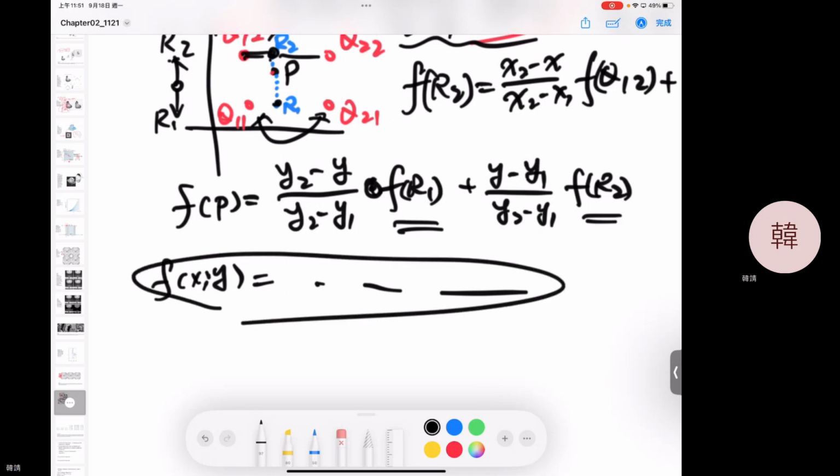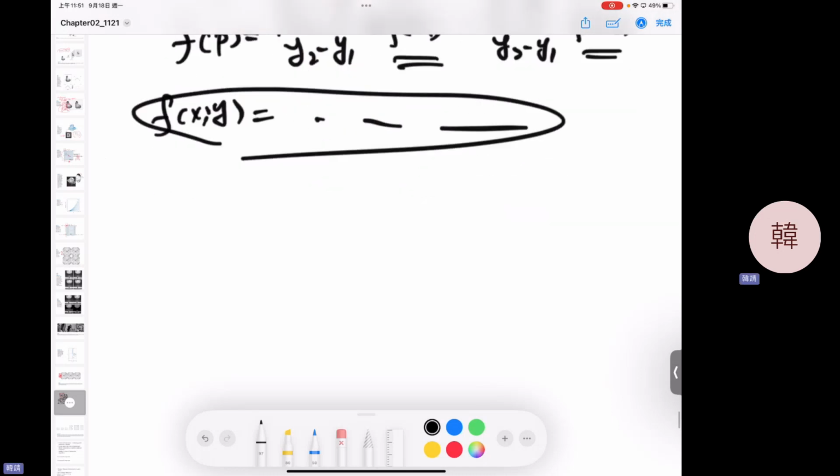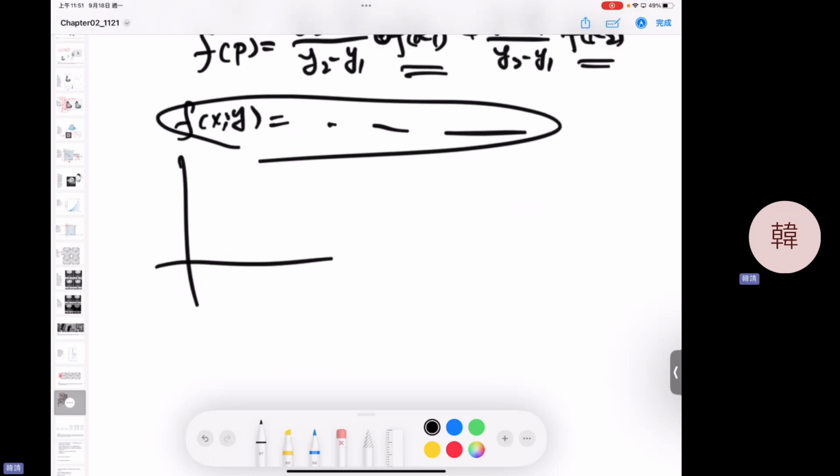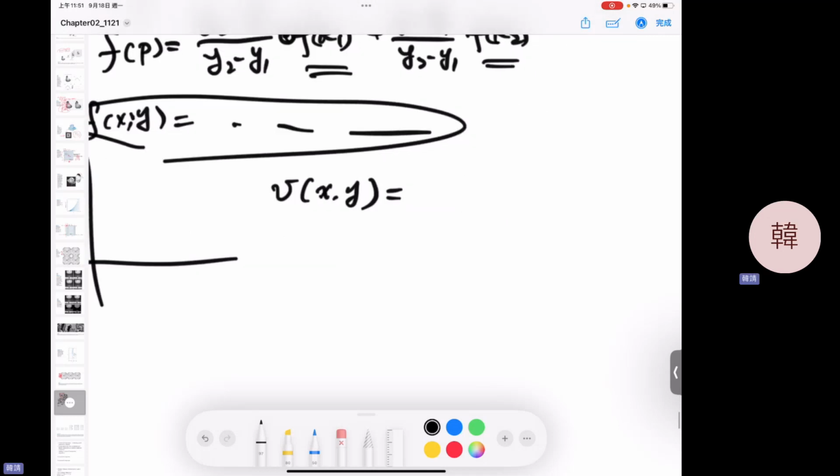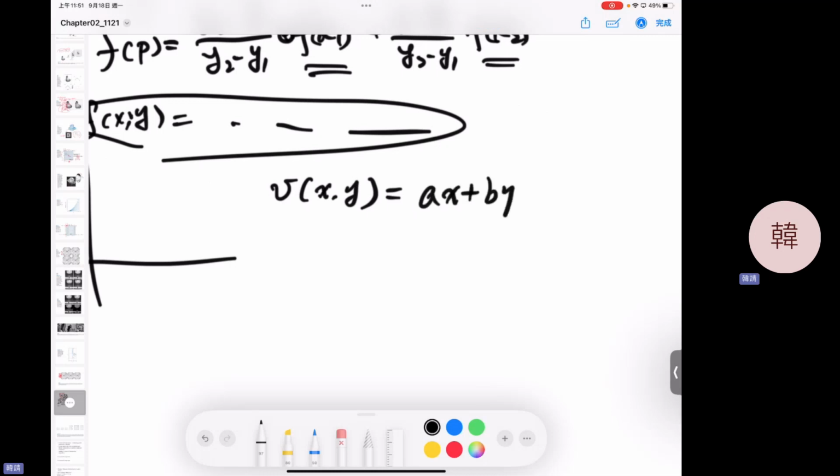Actually, this point is represented by 4 points of your neighbor. So you can just write the final solution of this one. Actually, if you derive it, it will become like this. A new f of x, y, the bilinear operation, is this result: ax plus by plus cxy plus d.